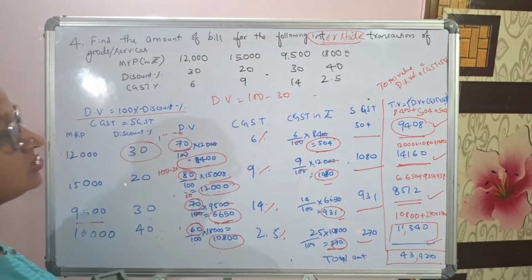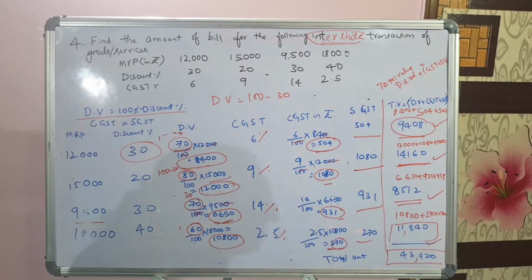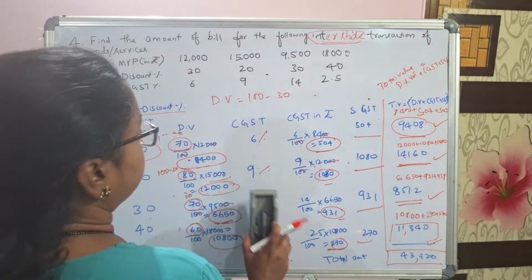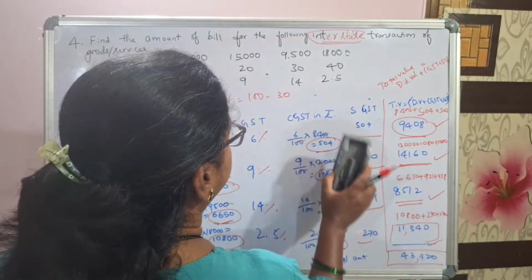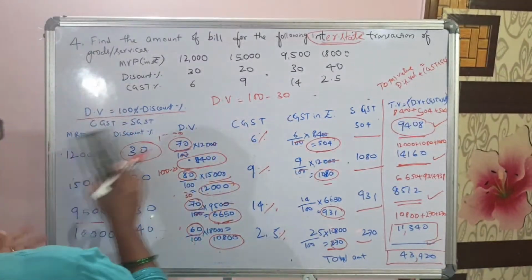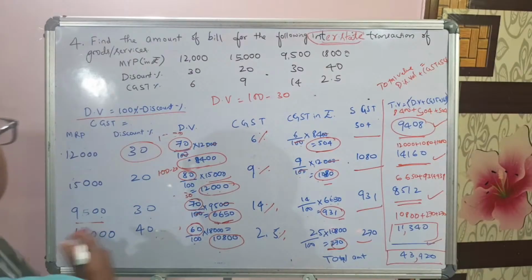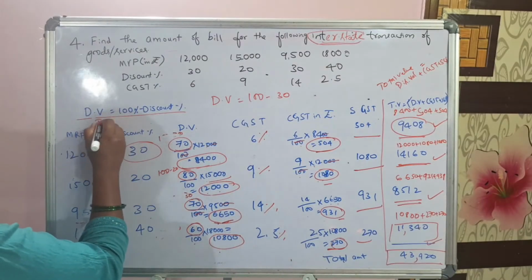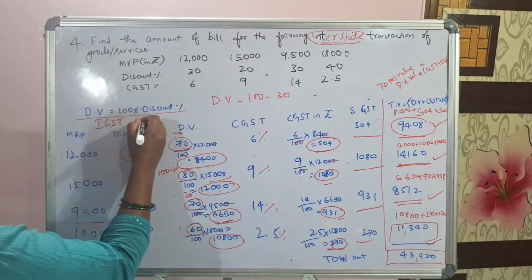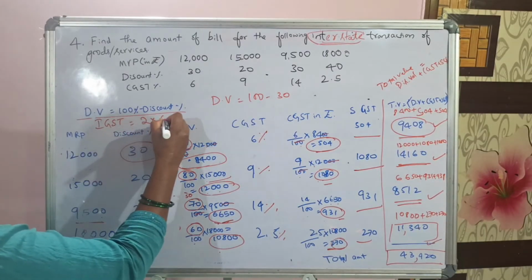CGST is not applicable. The only thing applicable is IGST. That means a small change is needed. IGST is equal to 2 into CGST.